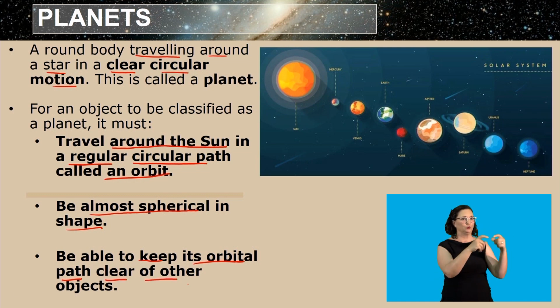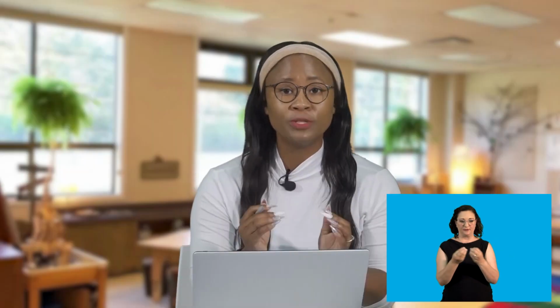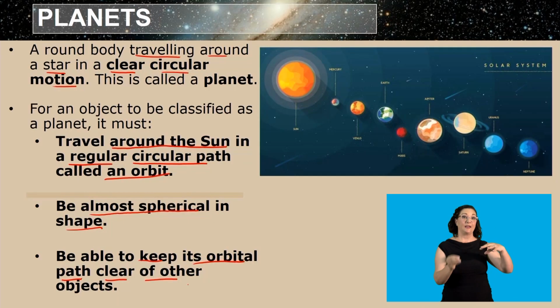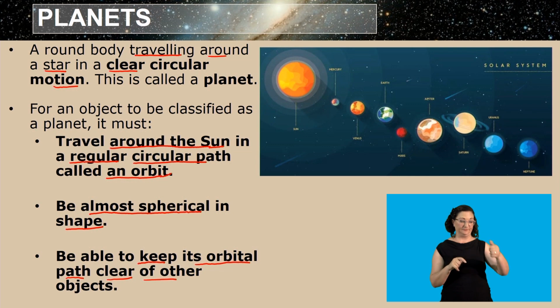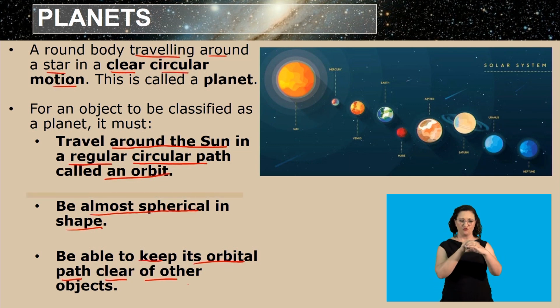Now, let me just repeat it so that it's clear. In order for an object to be classified as a planet, these are the three components that we look at. One, the object must be able to travel around the sun in a regular circular path called an orbit. Two, it should be almost spherical in shape. And three, it should be able to keep its orbital path clear of other objects.